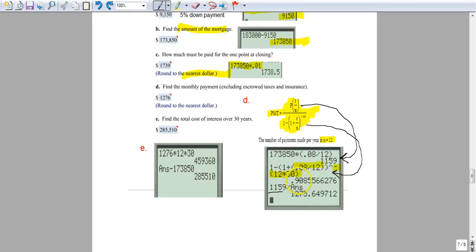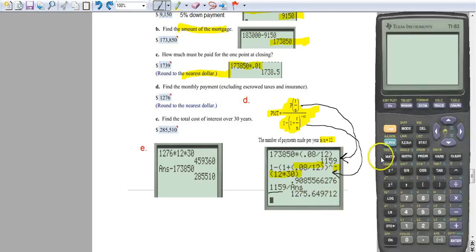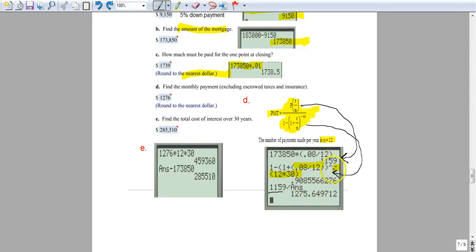So this 0.9085566276, there's no need for me to retype all of that because I can just go to my calculator and say second and then right above the negative sign, ANS. By using that, I don't have to retype the decimal. I can just say 1159 divided by answer. And the calculator knows that answer means the most recent answer that I got. So now by dividing those, I get my final answer, which is my monthly payment, $1,275.649, but it says round to the nearest dollar, so that's $1,276.